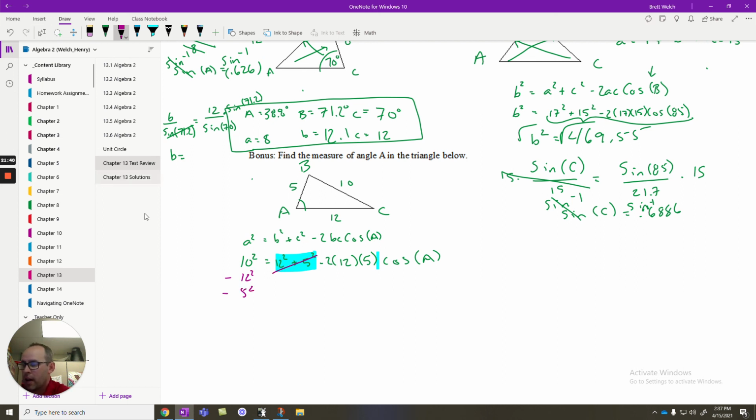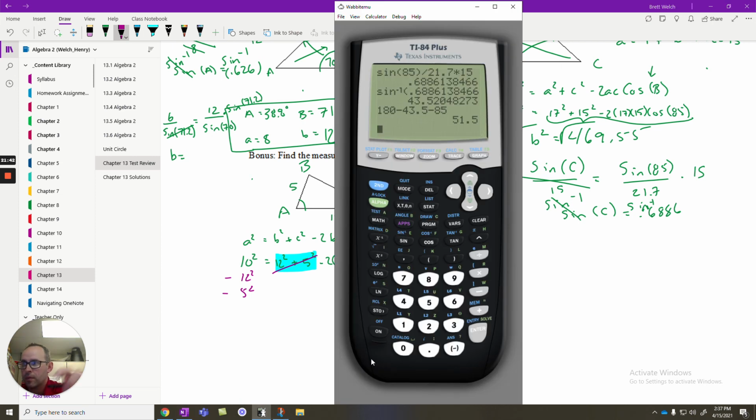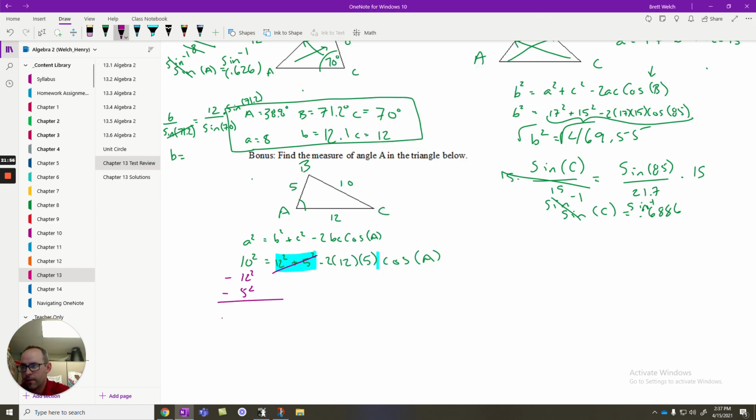Let's see what the calculator has to say for us. 10 squared minus 12 squared minus 5 squared is negative 69. Now all of this can be turned into a single number times my cosine of A, but it's important I recognize this is a multiplication.